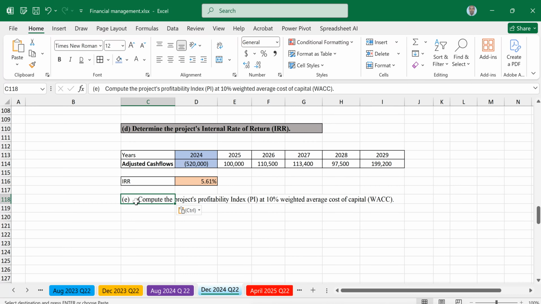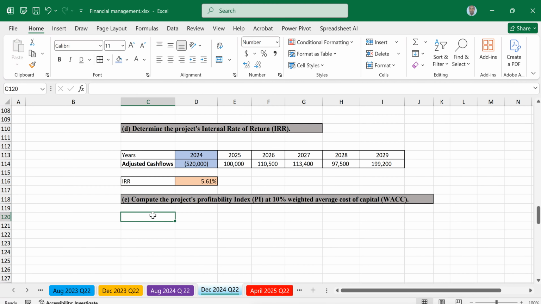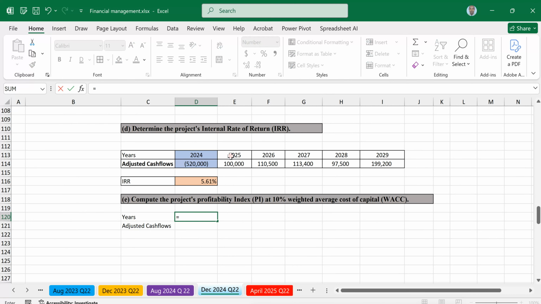Now, when computing profitability index, I'll again need the years together with the adjusted cash flows. But here, I don't need the outflow to be part of the other one. Just give me 2025, not 2024.